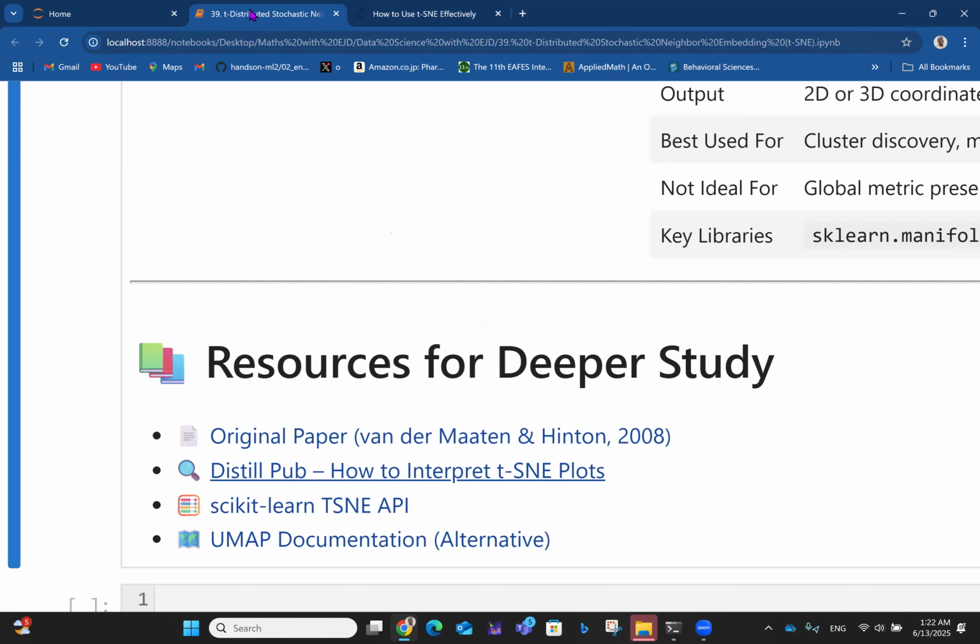Of course, you have access to this code sheet. Just click on the link in the bio leading to the Google Drive and download all the code sheets and data sets. Then you can click on this, as far as you're on the internet, to take you to that page where you can get a proper understanding of how to interpret t-distributed stochastic neighbor embedding plots.